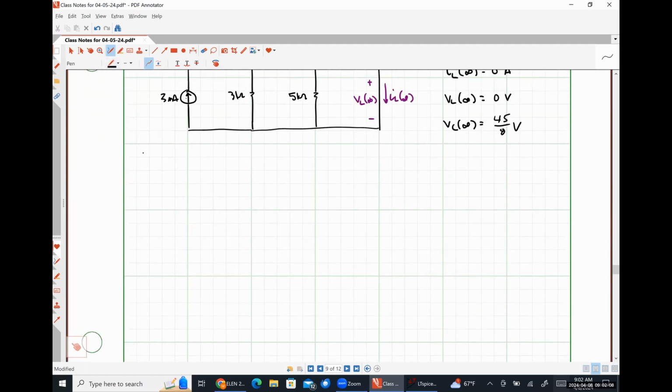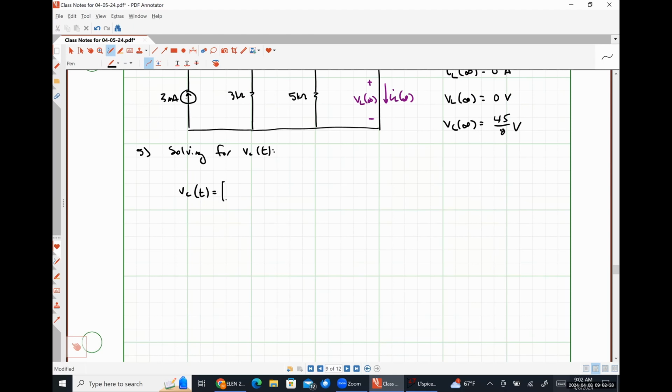So step 5, solving for VC of t. Okay, so VC of t, this is an underdamped system. We figured that out at the beginning.